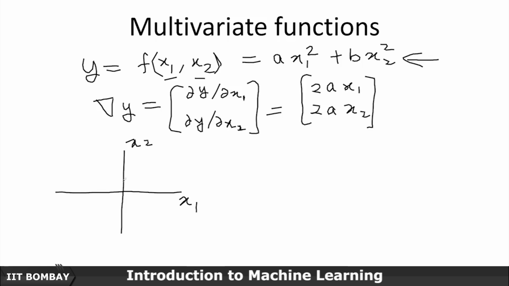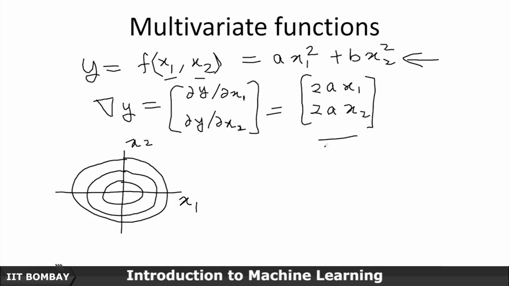So, I will get these contours. So, this is one ellipse, then this is another ellipse. So, what is happening on this ellipse? On these ellipses the value of y is constant, the a x1 square plus b x2 square is constant. And now what is this gradient?